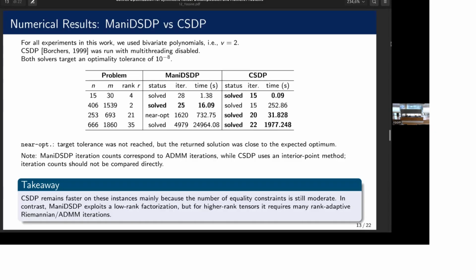You can see CSDP managed to solve this problem easily, which is expected because the size of the SDP problems is not huge for such an interior point method. However, we can see that ManyDSDP is struggling, especially when we increase the rank of the solution, despite the fact that ManyDSDP is using the low-rank factorization method.